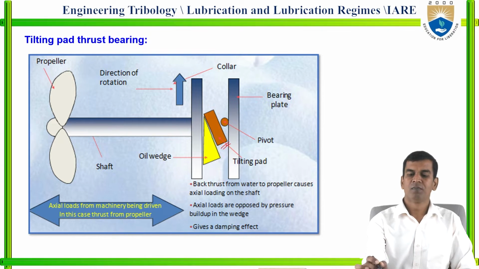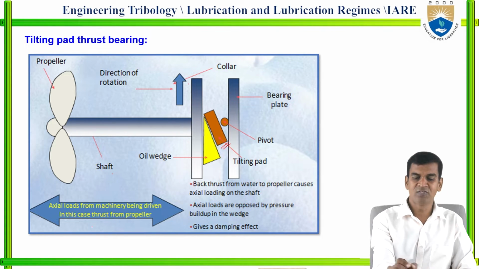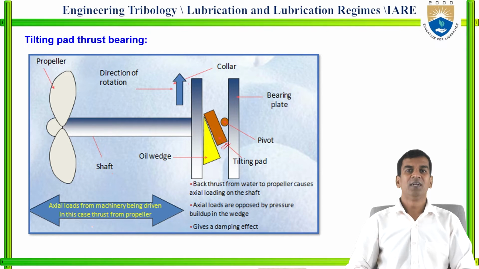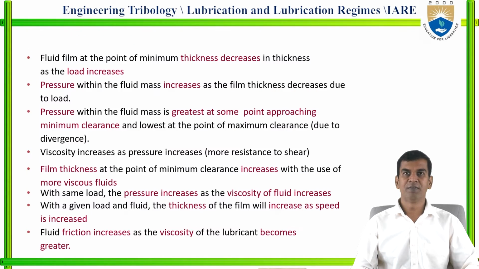This is a bearing plate, this is a collar, this is a propeller, and this is a shaft. Actual loads come from the machine being driven; in this case, thrust from the propeller, which gives the damping effect.